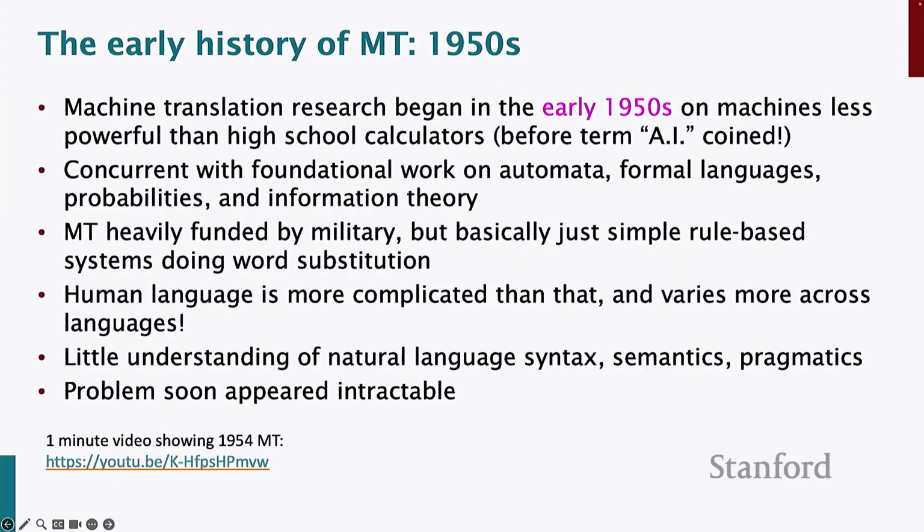Machine translation was actually where NLP started, right? So in the early 50s, there wasn't artificial intelligence yet. There wasn't a field of NLP yet, but people started to work on machine translation. And the story of why people started to work on machine translation was essentially, computers were first developed during the Second World War.